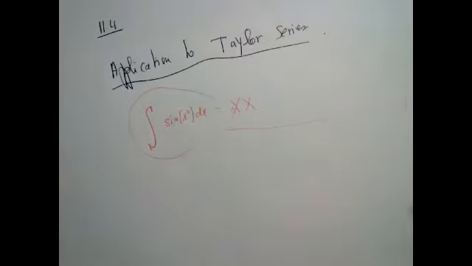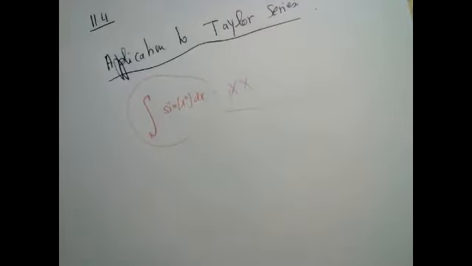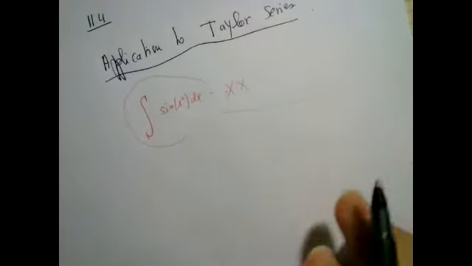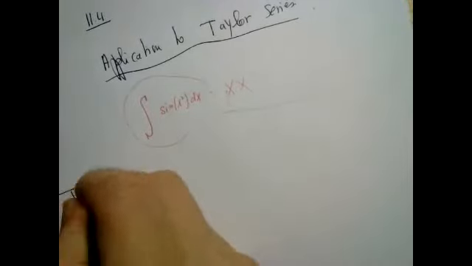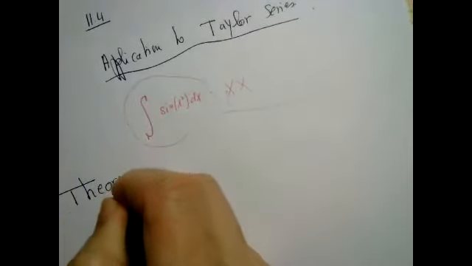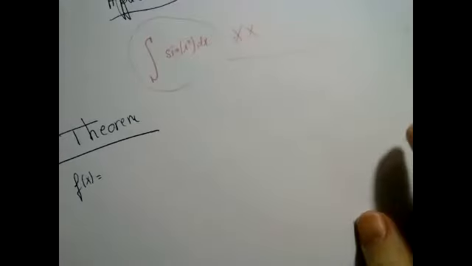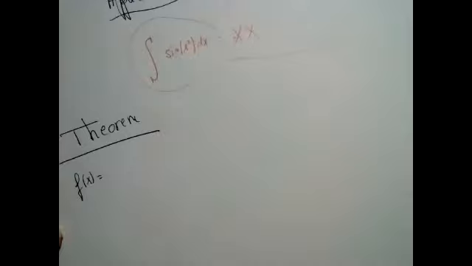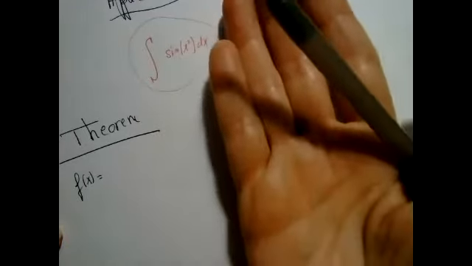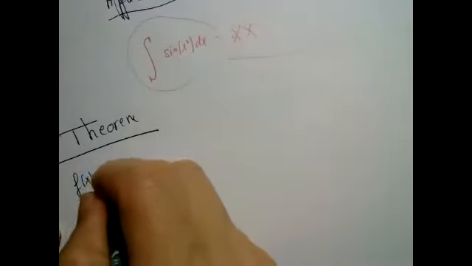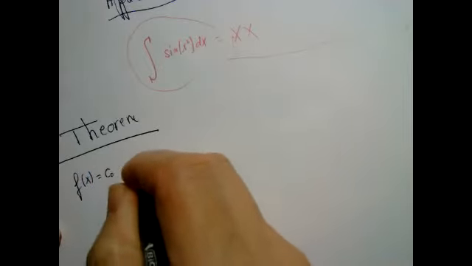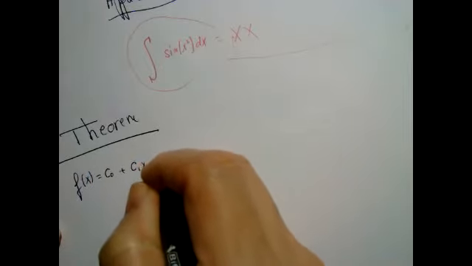So where is the series coming from and what's really going on? Here is the idea. Suppose you have a function f of x. A theorem: suppose you have a function f, and I write this function as a power series, either by manipulating another series or by using the formula itself. So suppose f of x could be written as a series, c0 plus c1x, plus c2x squared, plus c3x cubed, plus so on.